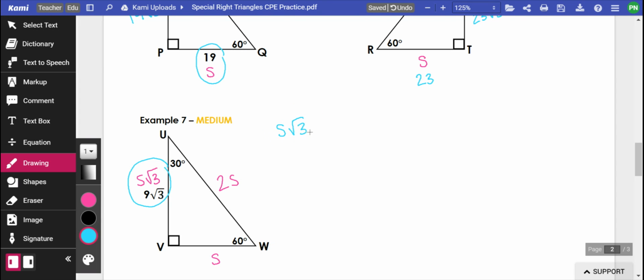So this is like our 45, 45, 90 problem, like our medium one. Essentially we have the same situation. We can get rid of the square roots. So s is going to equal 9 here. So I can plug that back in, which means my other leg is 9, and my hypotenuse is 18.